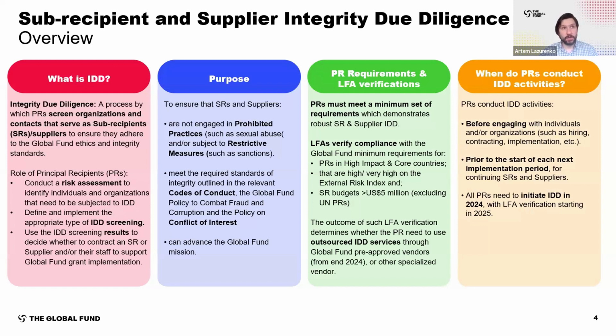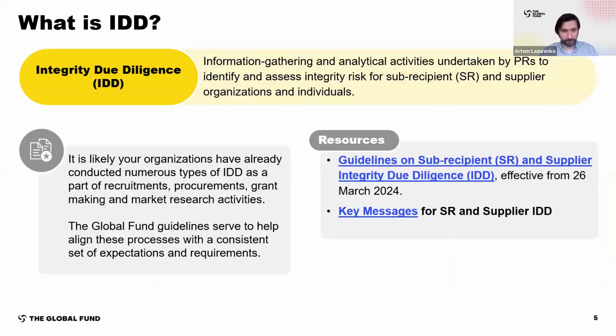Just obtaining the right level of information, the right level of knowledge about integrity due diligence. So whilst we are for the first time issuing some guidelines and seeking to be a bit more proactive in understanding what PRs do in this space, we very much expect that this is a piece of risk management that has been going on as it addresses already existing policy requirements. Could we go to the next slide, please?